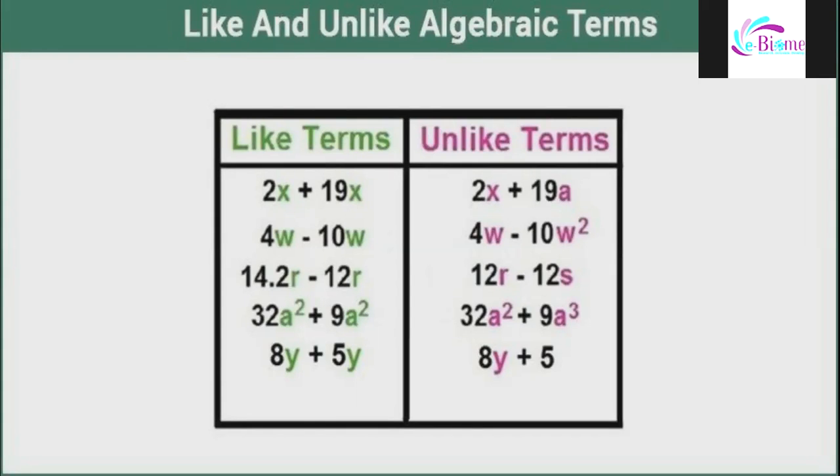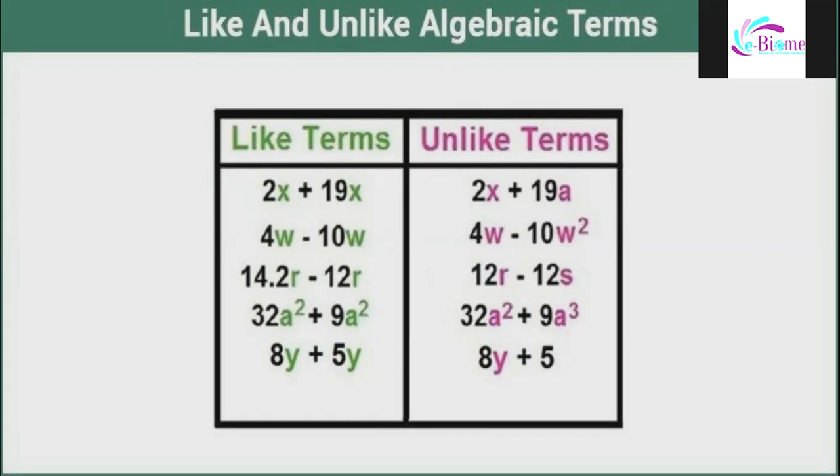Let's look at the unlike terms. So anyone can tell why 2x plus 19a are unlike terms? Because they have two different variables. Yes, very good. They have two different variables. And here we have 14w minus 10w raised to the power of 2.